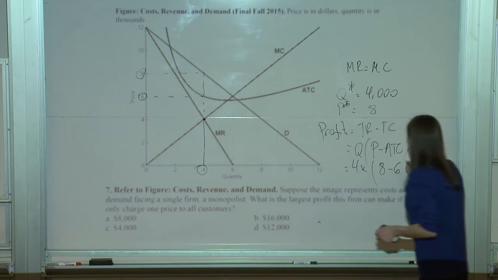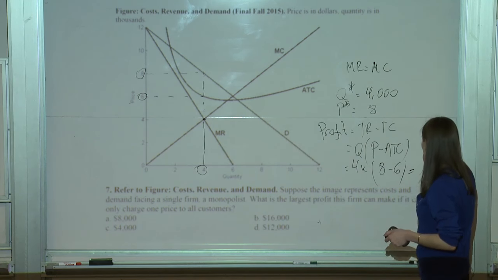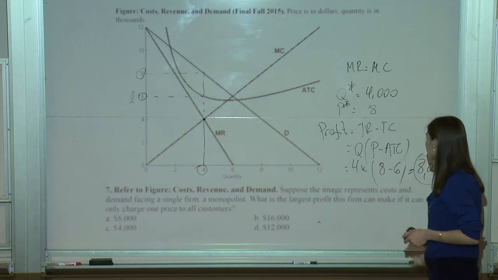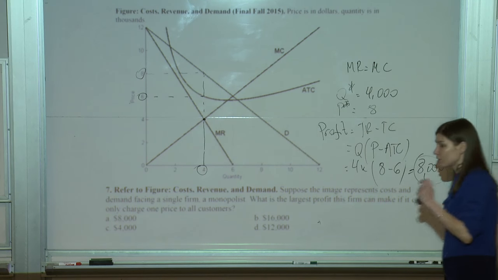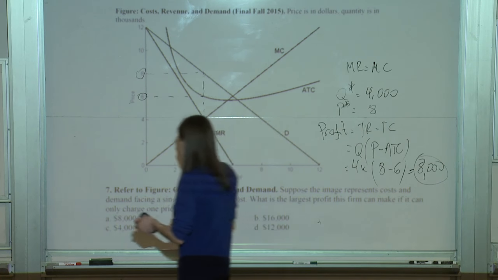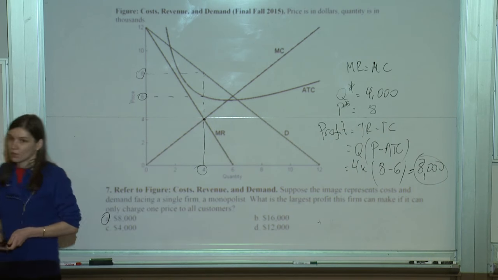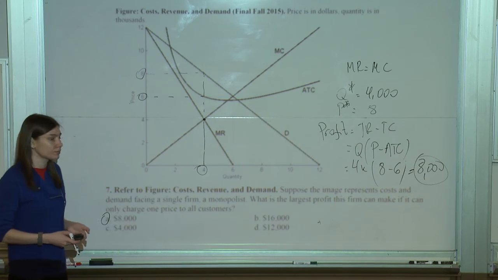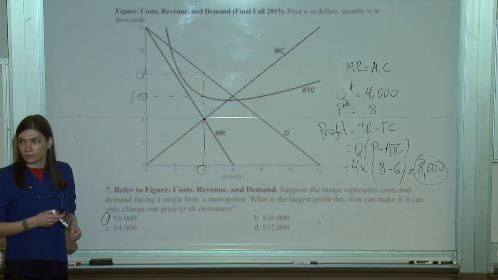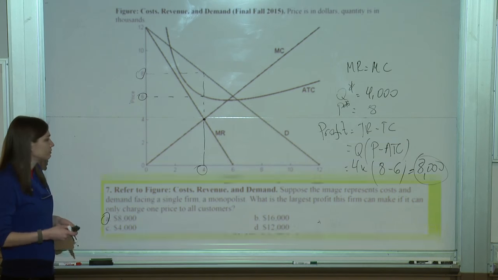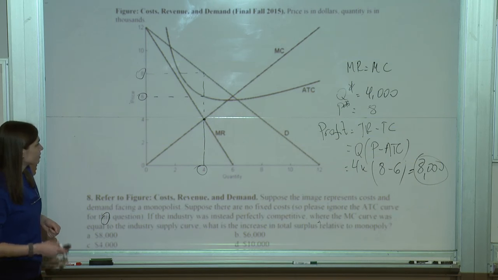So, 8,000. The maximum profit, if they are allowed to charge only one price to all customers, would be $8,000. Any questions? All right, so the answer is A.